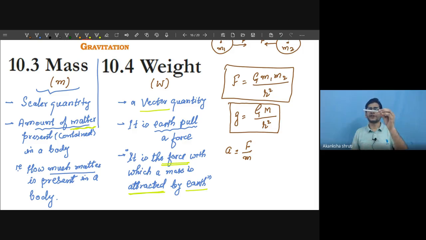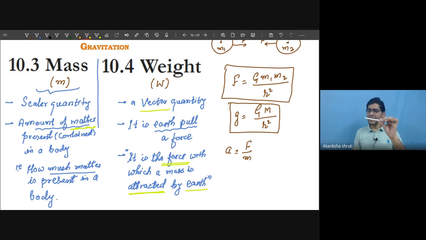A student, so mass is simply the matter present. Say if I am considering this pen, how much matter is present in this? That will be called mass. But if I leave it, it will fall toward the earth. Then how much force is acting over this matter or this pen? That will represent its weight. Means each mass possesses weight.